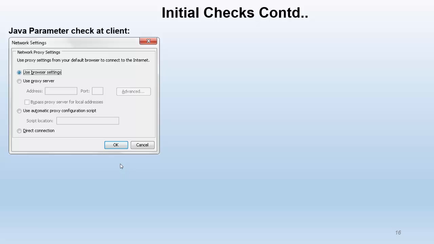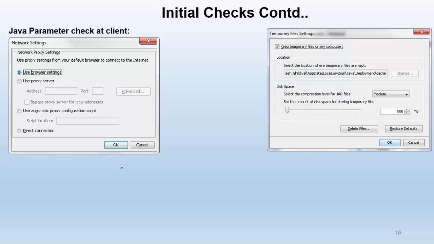So this is because this is a thick Java client instead of the thin one that we generally use in our tool, but it uses a thick Java client. So as per the usage, our tuning should change and should accommodate how the client is communicating with the server. And this one, generally what happens is, if you look at the network setting, it generally says use browser setting.